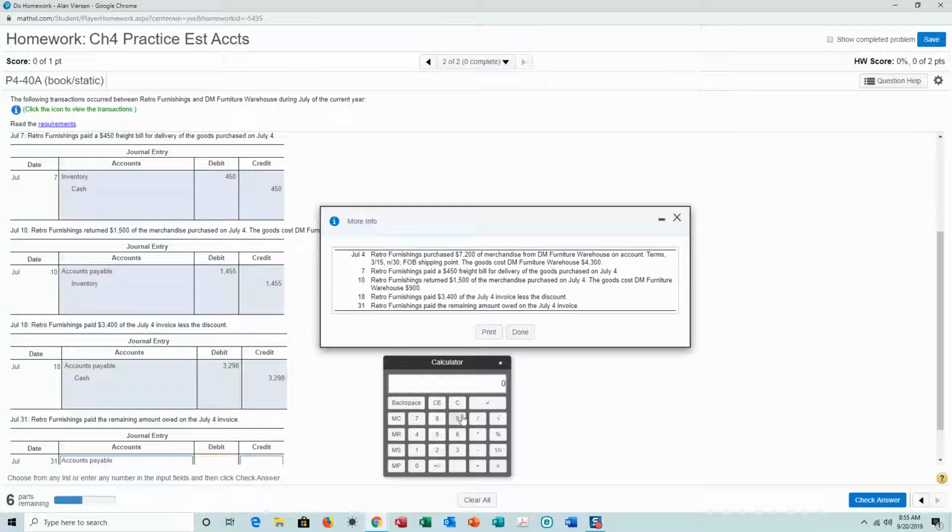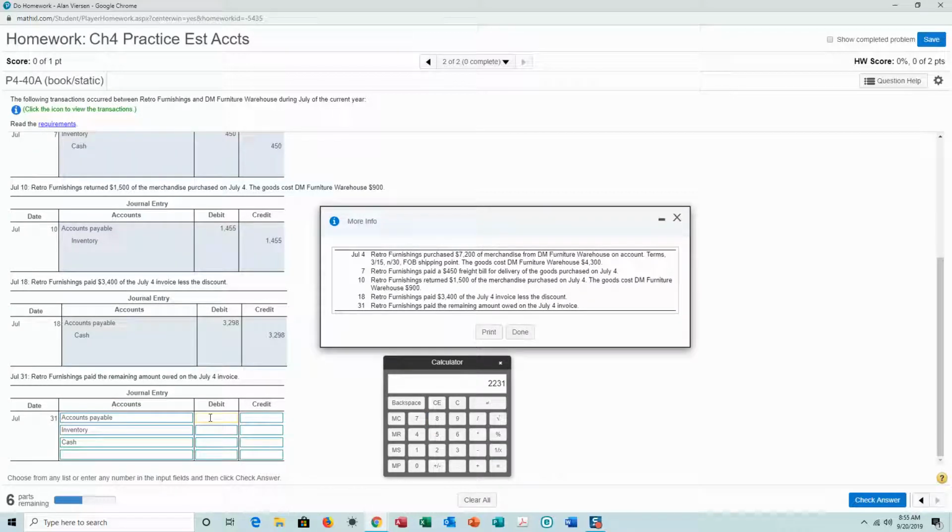So if we were looking at this, we would go 6984 minus 1455 minus 3298 equals. So in order to get rid of the accounts payable, we're going to debit it by 2231. Inventory is the discount that we lost.